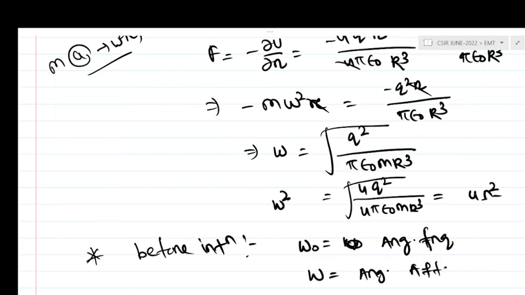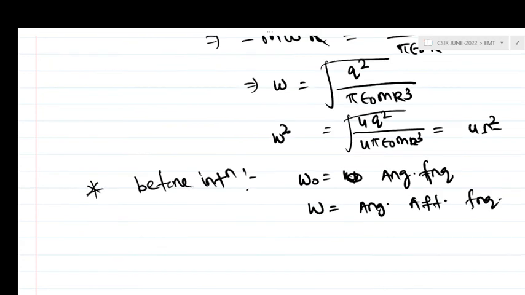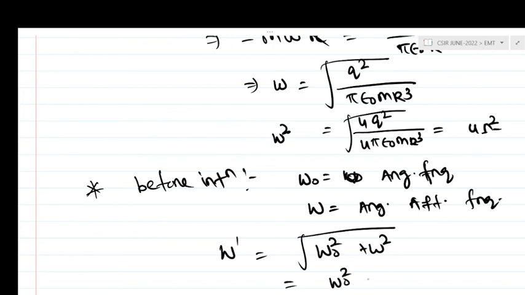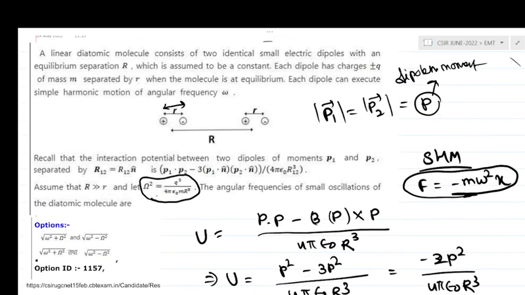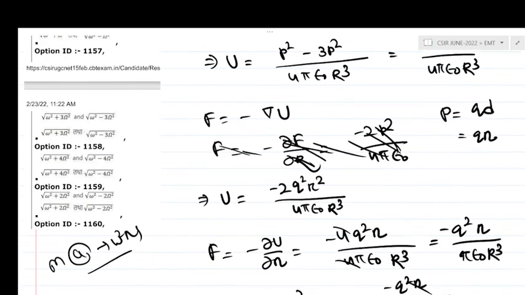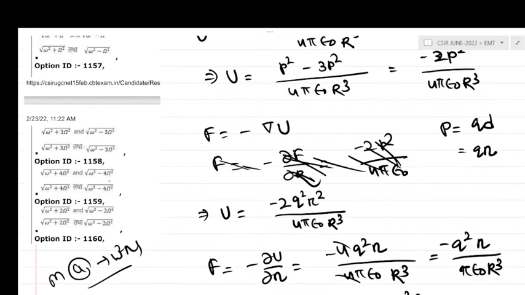Then the net omega will be the whole root of omega naught square plus omega square. That is omega naught square plus minus, you can say, plus minus 4 omega square, whole root. So this is option C, you can see.